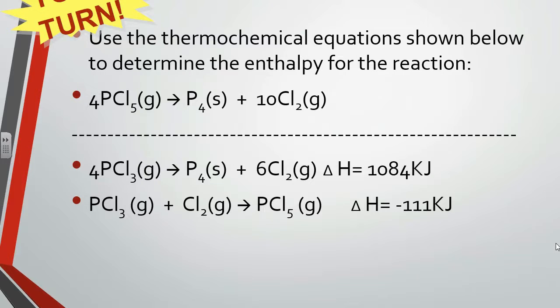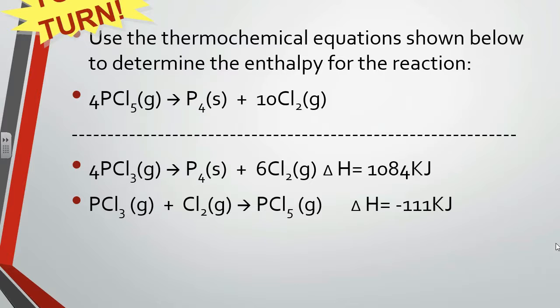So hopefully as you were going through this, one of the first things you noticed was that if I need to have PCl5 on the left side of the equation, then I'm going to have to flip that reaction, right? So hopefully you saw that this whole thing needed to be flipped down here, okay? So that it would have been PCl5 is going to give you the PCl3 plus the Cl2, okay?